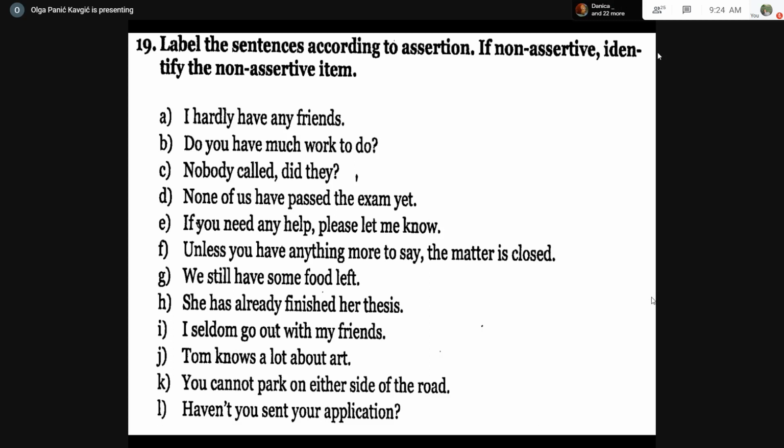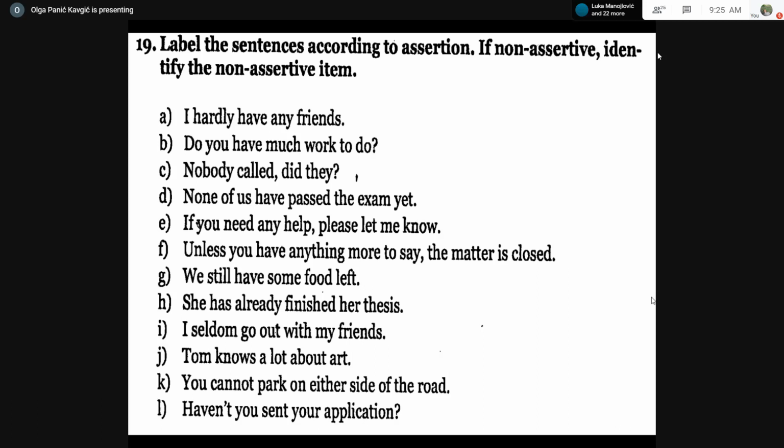Hello, Marko. So the last one is yours. Haven't you sent your application? I would say it's non-assertive. Yes, it's non-assertive, because of the item haven't.